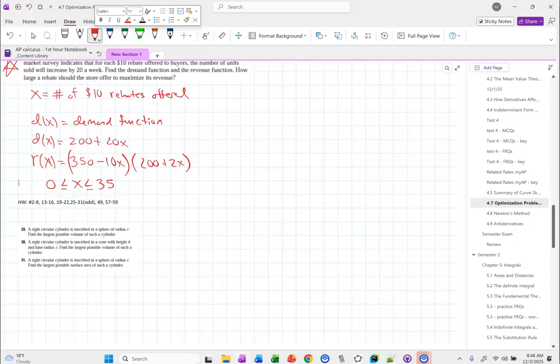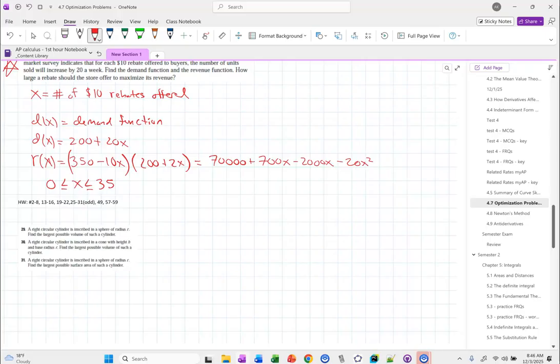Probably going to start by FOILing this out, right? I don't want to product rule this if I don't have to. So what do I get? I get 70,000, I think, plus 700x minus 2000x minus 20x squared.